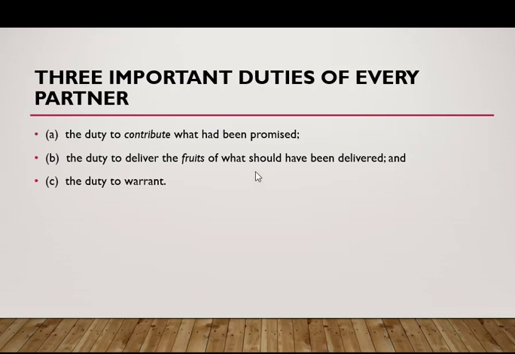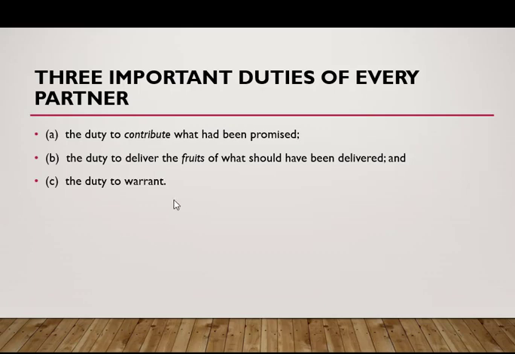If the partner is in bad faith, he would be liable not only for the thing itself but also for the fruits plus damages and interest. If it is money, then the partner who failed to do so becomes a debtor of the partnership, with interest and damages from the time he should have complied with the obligation.